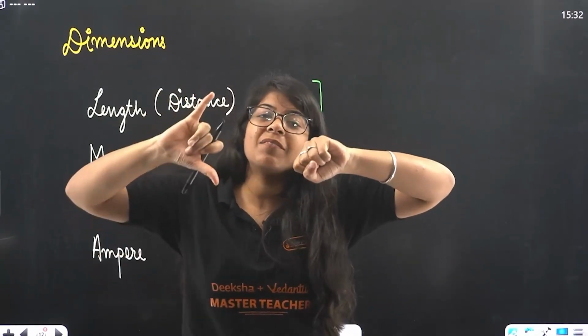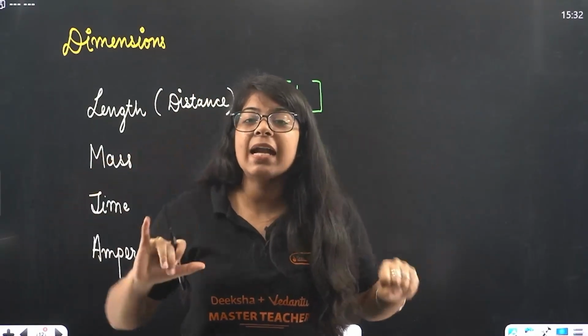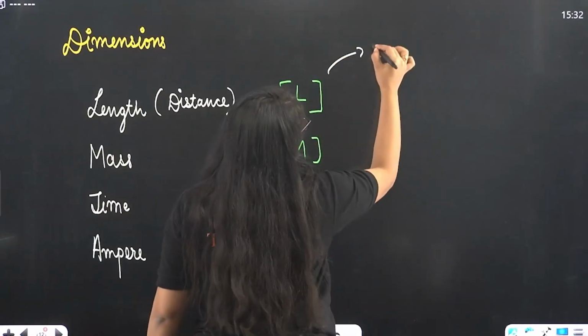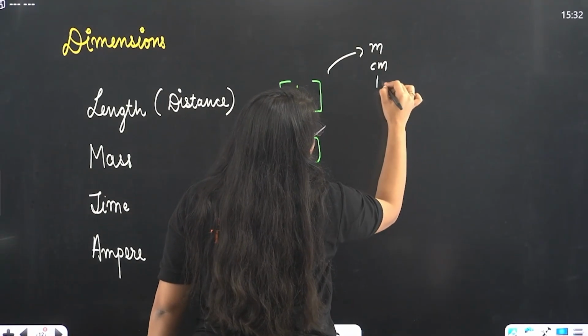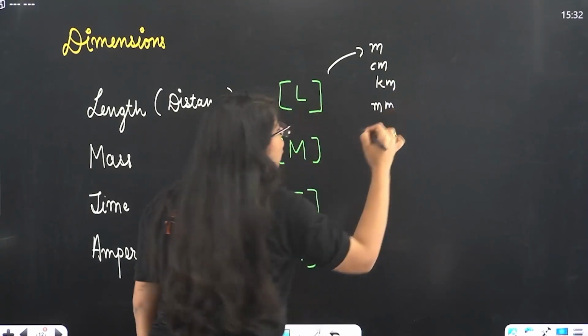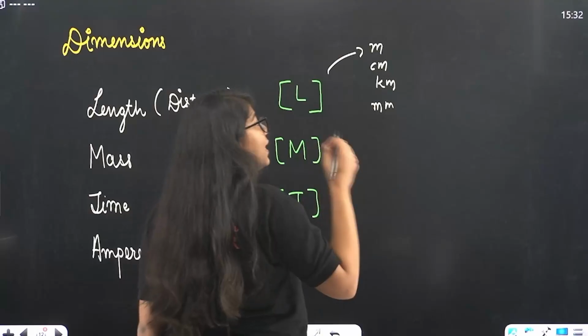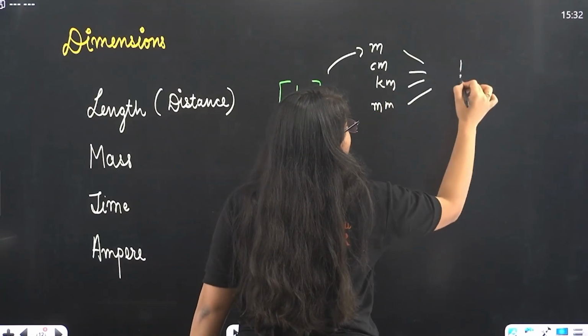So let me give it a different name and call them just length. All of these have one dimension because they represent length.